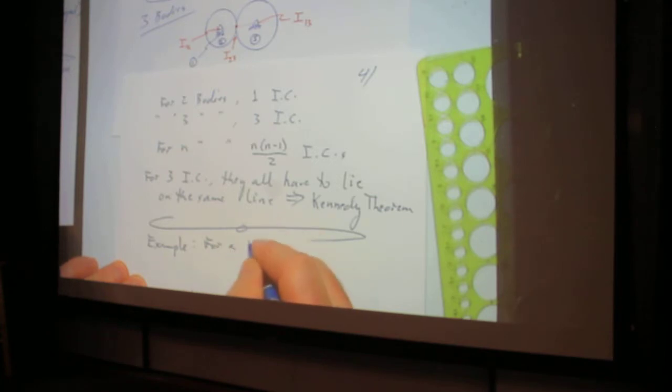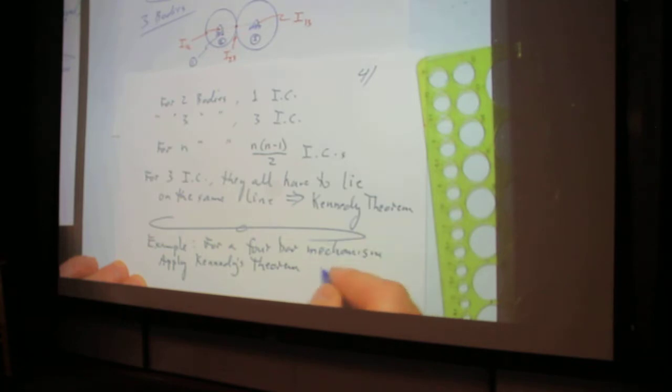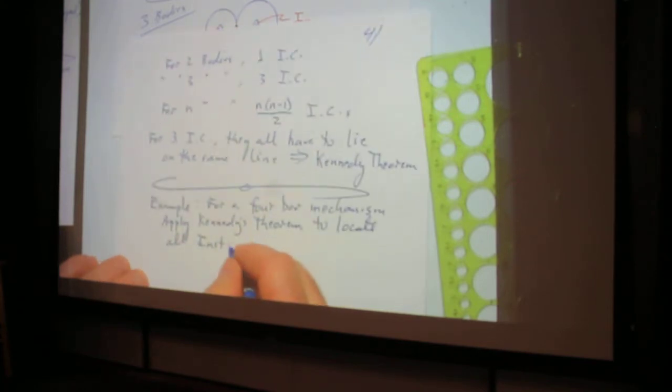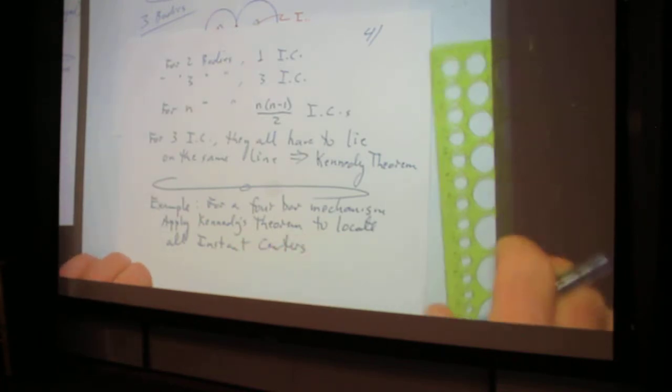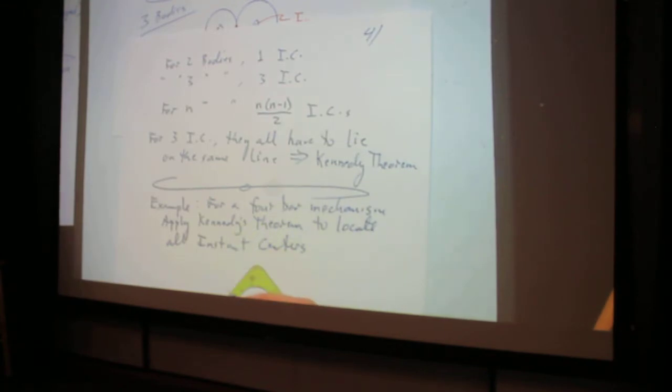For a 4-bar mechanism, apply Kennedy's theorem to locate all instant centers. Let's go ahead and just draw a 4 bar.